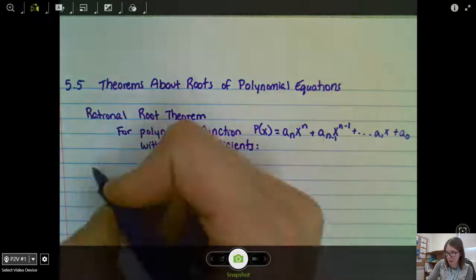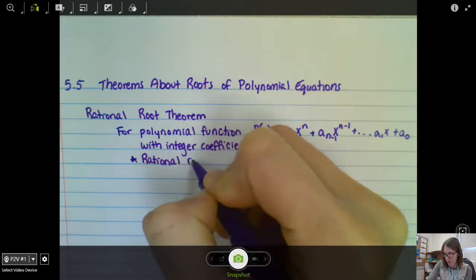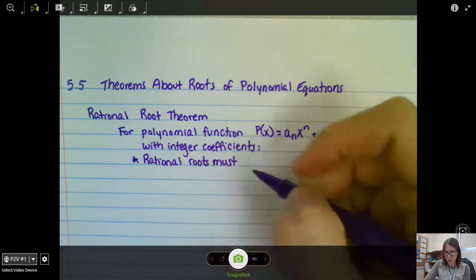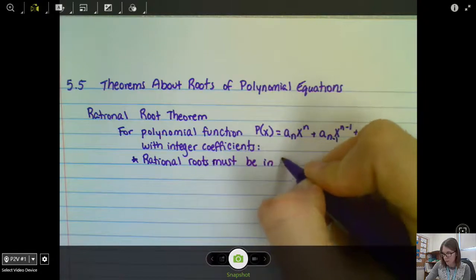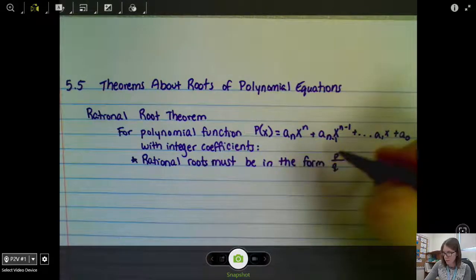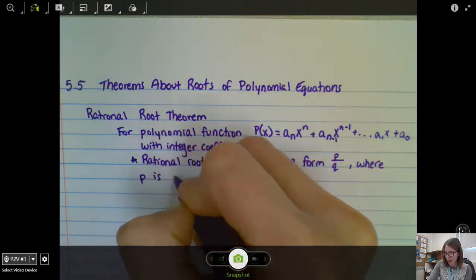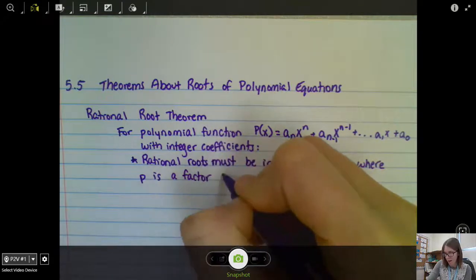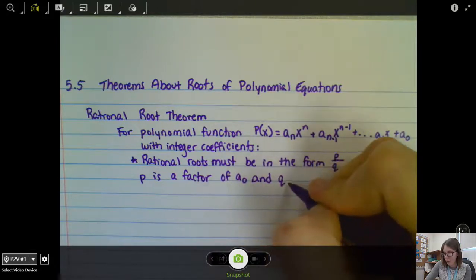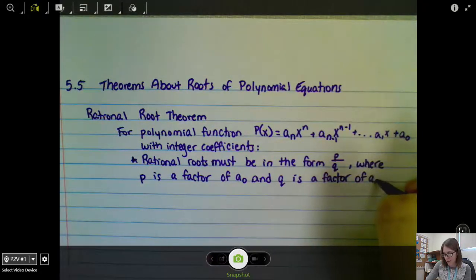Here's what our rational root theorem says. Any rational roots must be in the form p divided by q, where p is a factor of a sub 0 and q is a factor of a sub n.